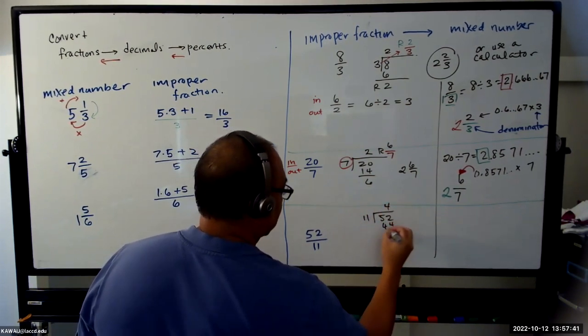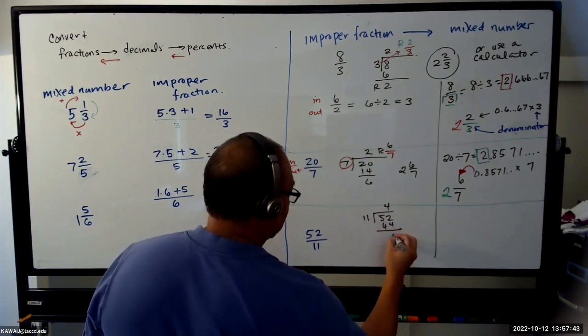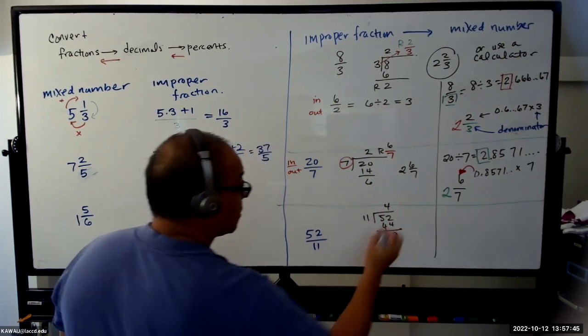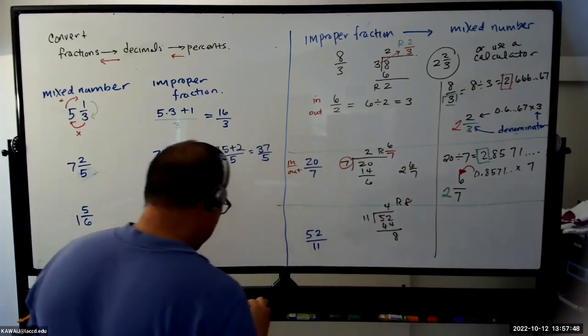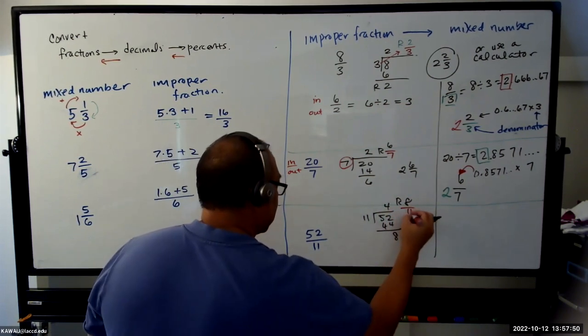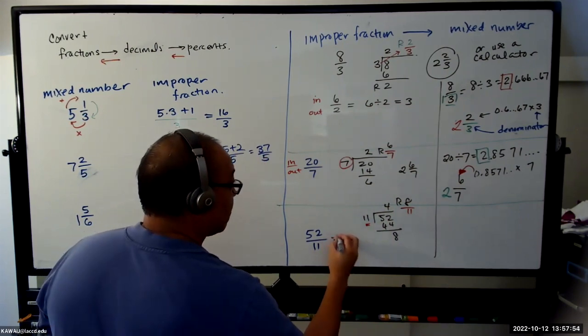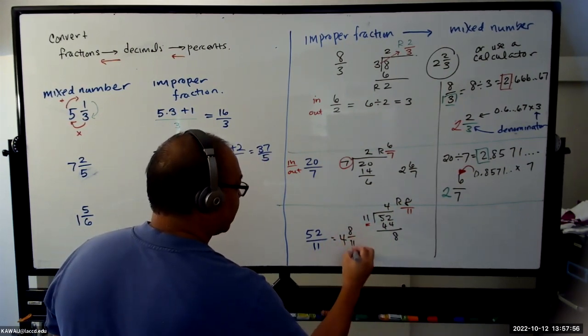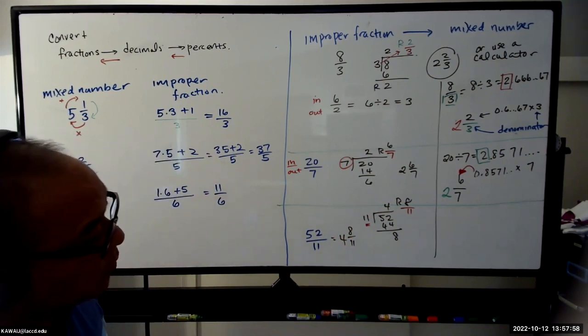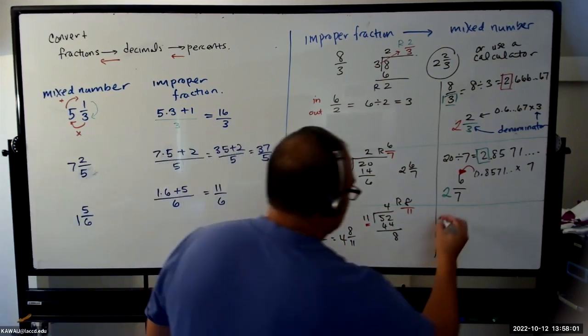I get 44, so that gives me 8. So this is remainder 8. And I have the same denominator, right? That came from there. So this is 4 and 8 over 11.